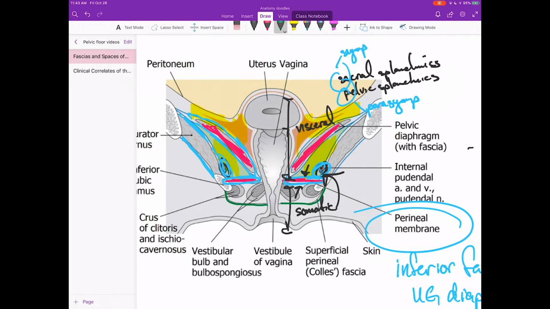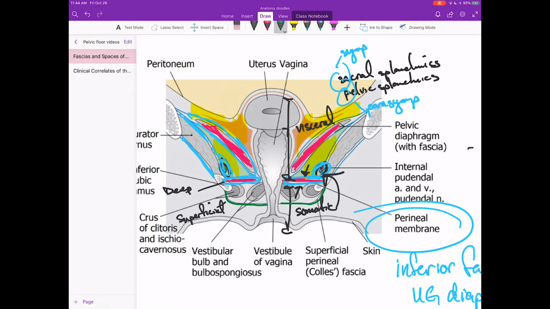This is called the superficial space. By the way, the urogenital diaphragm, if I haven't said it already, plus the external urethral sphincter are contained within the deep space. So, deep space and superficial space. Some authors will say deep pouch, superficial pouch. We're talking about the same thing.